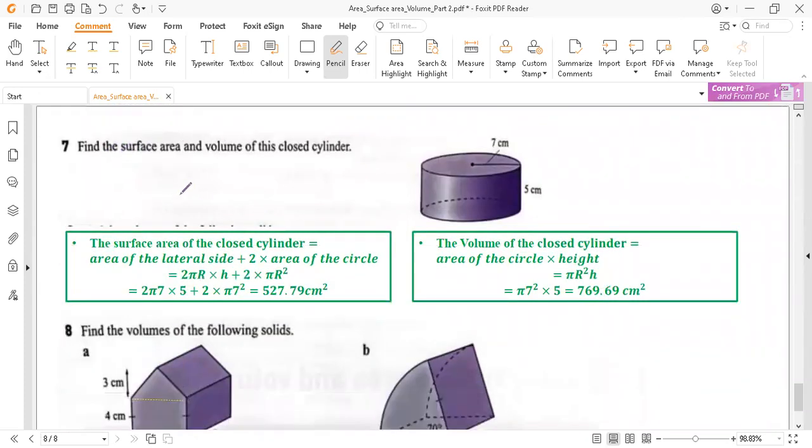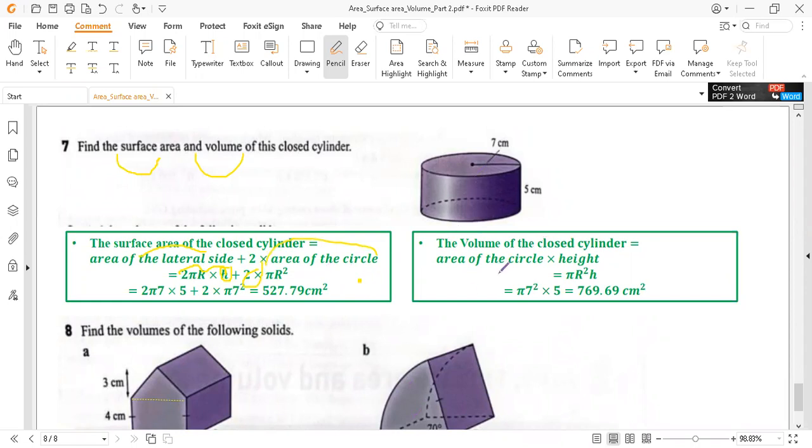For example, they ask us here to find the surface area and volume of this closed cylinder. For the surface area, we have the lateral surface, a rectangle with breadth 5 centimeters, equal to 2 pi r by h, where h is 5 centimeters, plus two circles in the bottom and the top, so 2 times the area of the circle, pi r squared, to obtain the surface area.